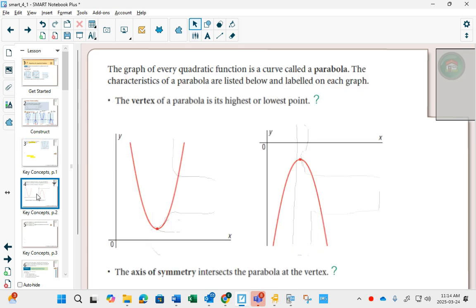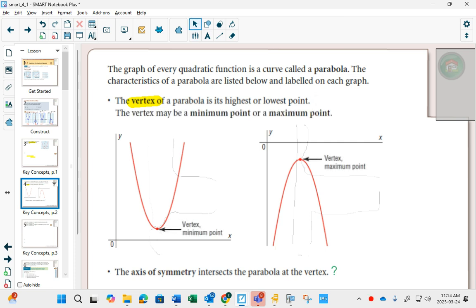So some characteristics of a parabola. The vertex is your maximum or your minimum point. And we talked about sometimes a parabola opens up, then it would have a minimum. Sometimes it opens down, then it would have a maximum.